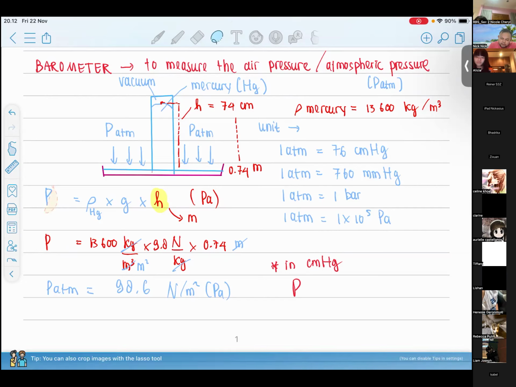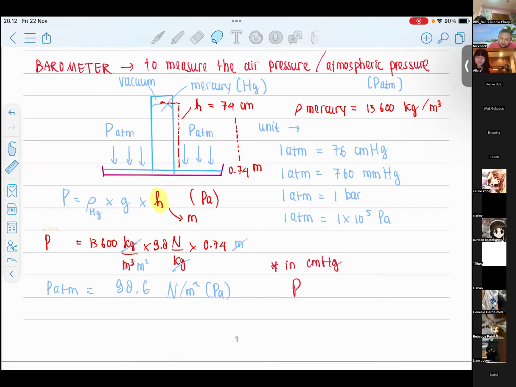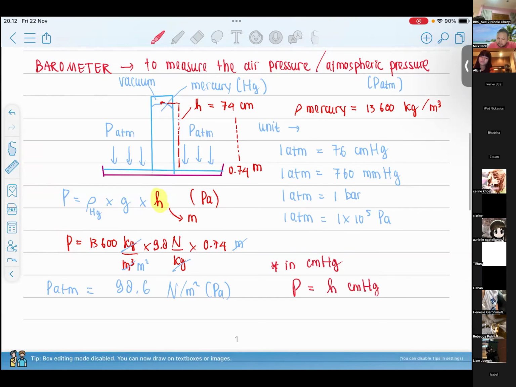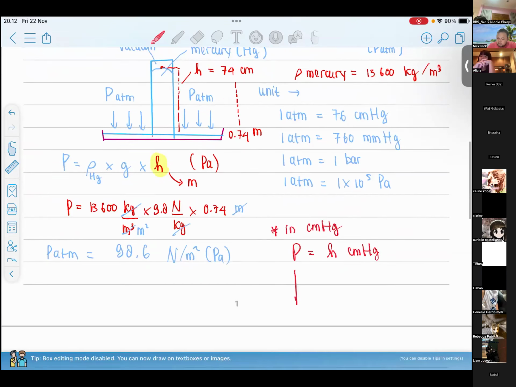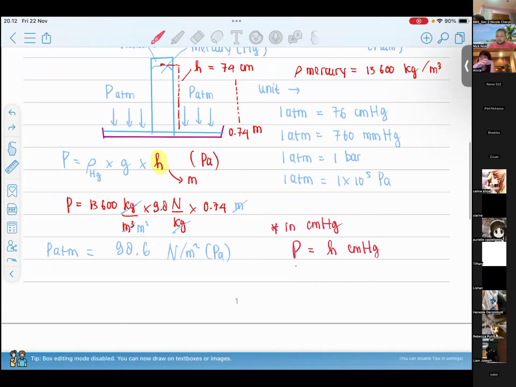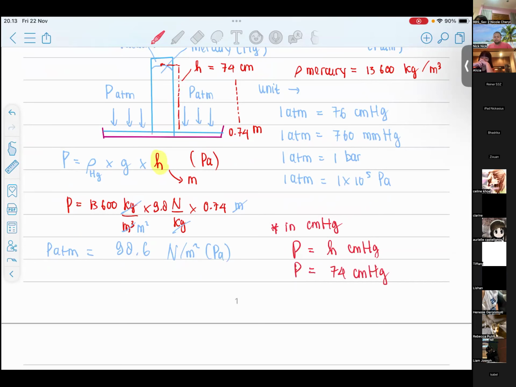This is the pressure of the air right now. So the pressure of the air right now is the height in centimeter Hg. So the answer in centimeter mercury is 74 centimeter mercury. Clear or not, students? But it is rare, not commonly used.